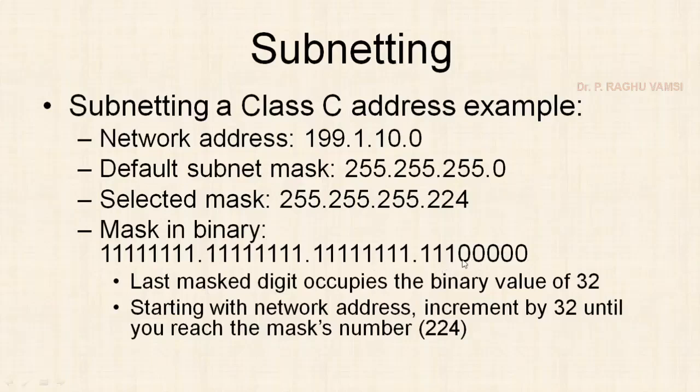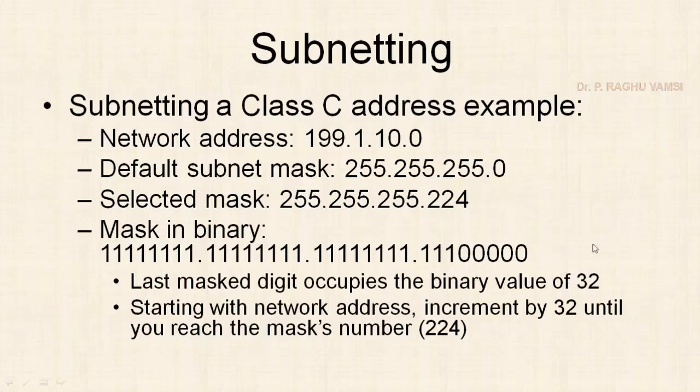So the total number of subnets that you will get with this subnet mask is based on how many ones are there: 2 power that many ones. That will give you the number of subnets. And how many zeros are there? You power it with 2, that is 2 power the number of zeros, which will give you 32 in our case.